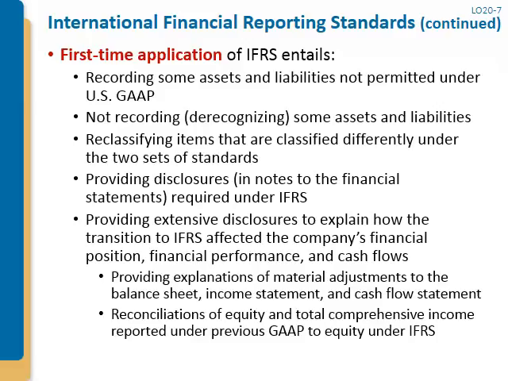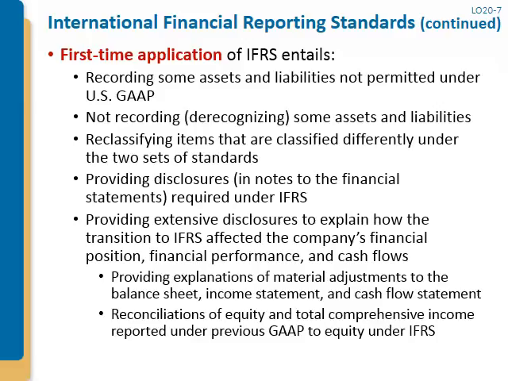In this situation, first-time application of IFRS entails: 1. Recording some assets and liabilities not permitted under U.S. GAAP, such as some provisioning and contingent liabilities permitted under IFRS but not U.S. GAAP. 2.